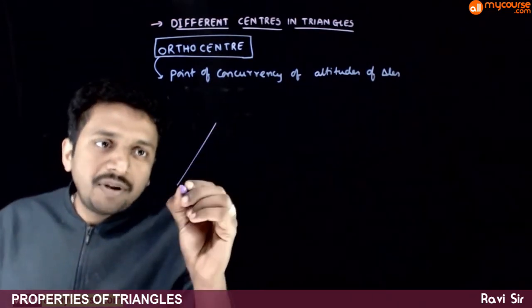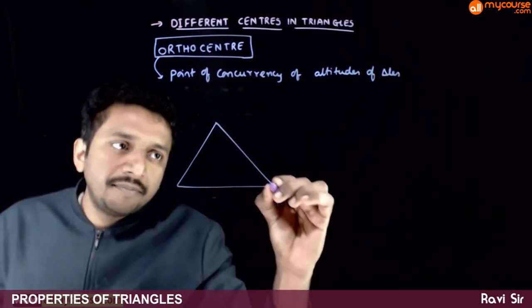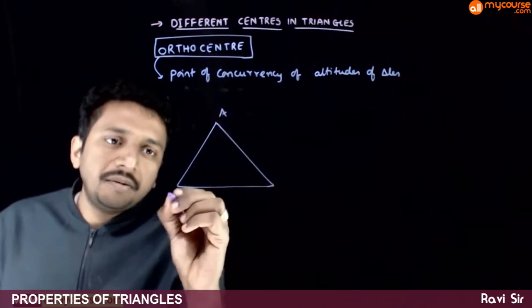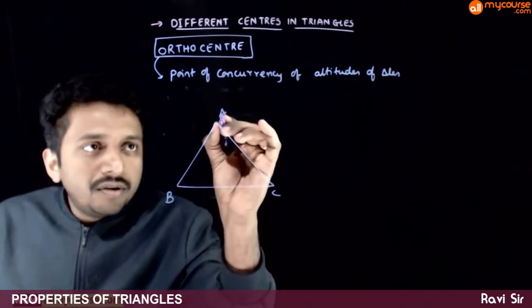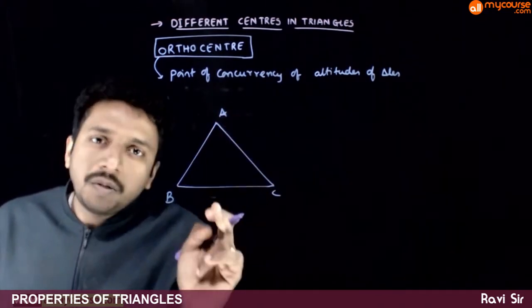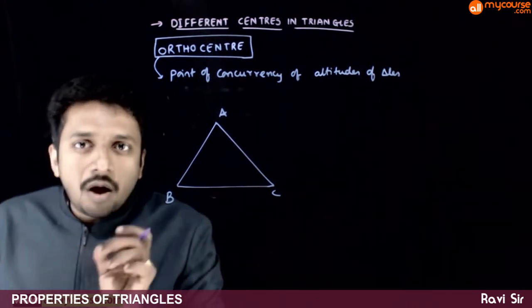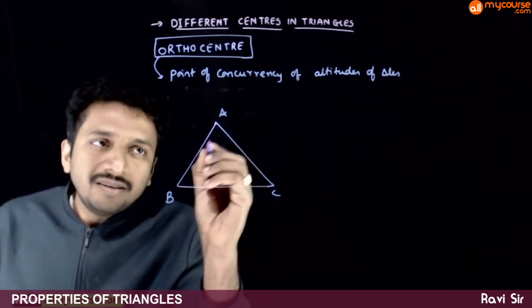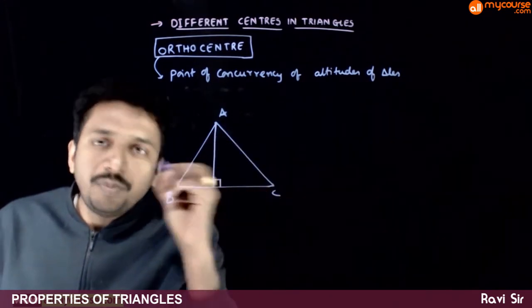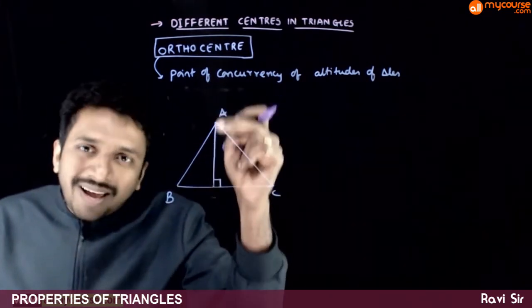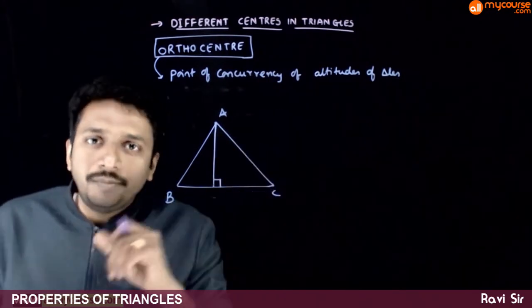That is, for example, if you have a triangle A, B, C. So first draw the altitude from the vertex A onto the opposite side. Altitude means the line which is perpendicular to BC. So from A, draw a height or altitude onto BC.